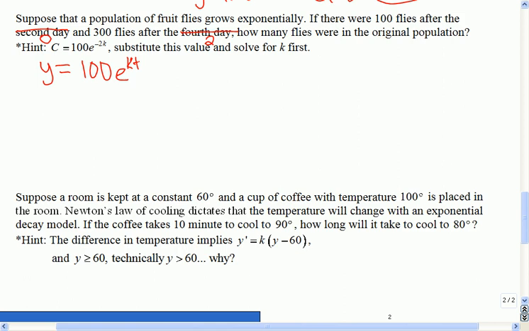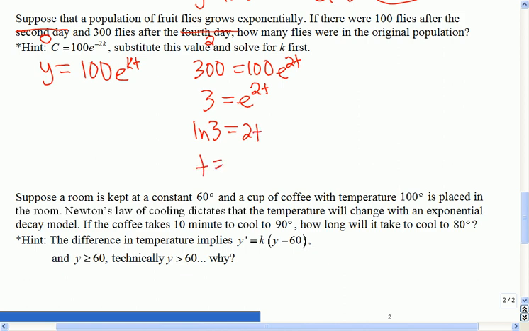And I can use my other data point, which remember is no longer on day 4 according to this. It's now on day 2. So I can solve for this and get 3 equals e to the 2t. Natural log 3 is 2t. So t is natural log 3 over 2.